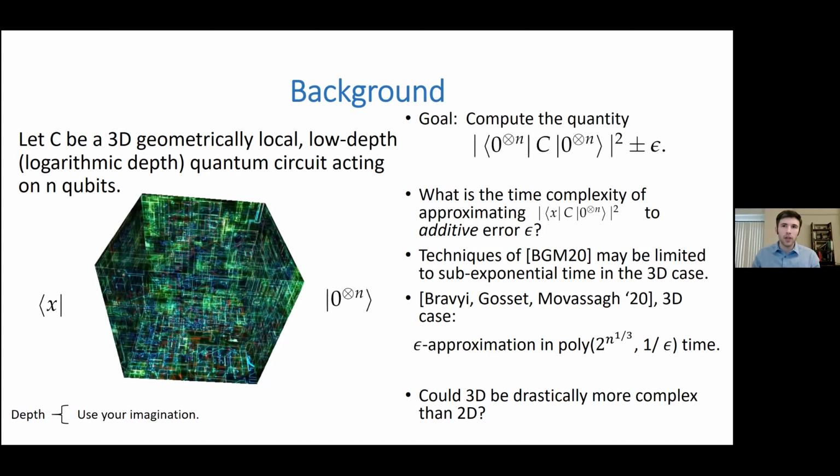So BGM, I'll abbreviate Bravyi-Gosset-Movassagh to BGM. BGM show how to use their techniques to produce a sub-exponential time algorithm for the 3D case, an algorithm that runs in time 2 to the n to the 1/3, where n is the number of qubits. So it is exponential in the side length of this cube. But it's unclear how to get further than that.